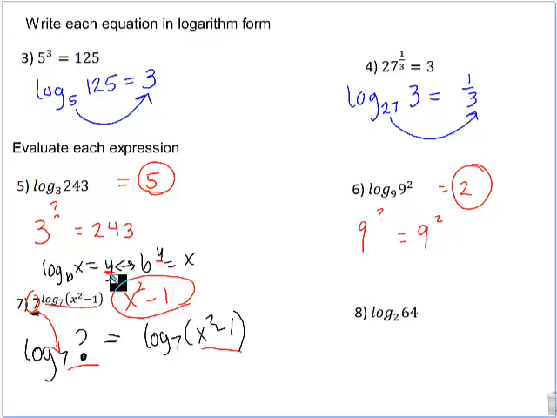That was our ultimate exponent. 7 to the log base 7 of x squared minus 1 ended up just being x squared minus 1. That will happen every time. Why did they write 7 out front just to make it more confusing? No, it wasn't so it was more confusing. It was written as an exponent first. So we were rewriting it in terms of log to figure out what it would have to be.